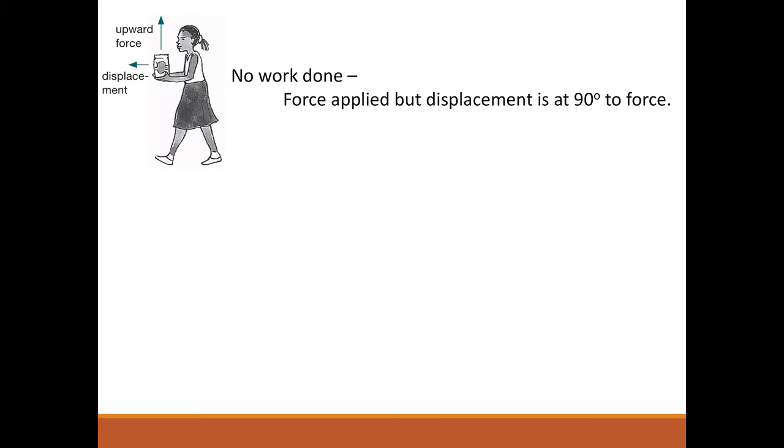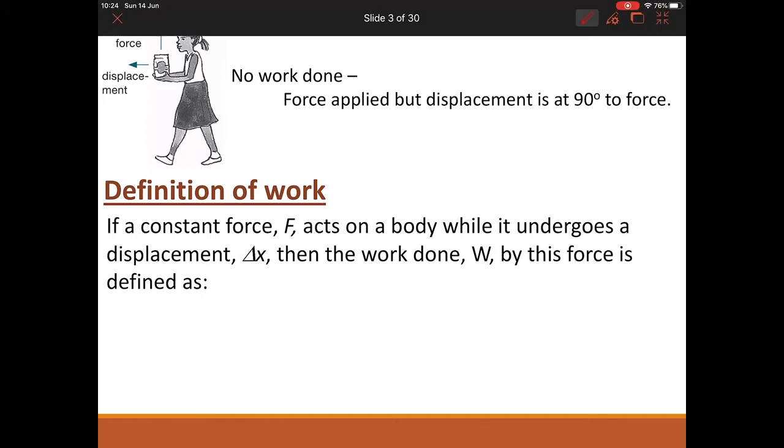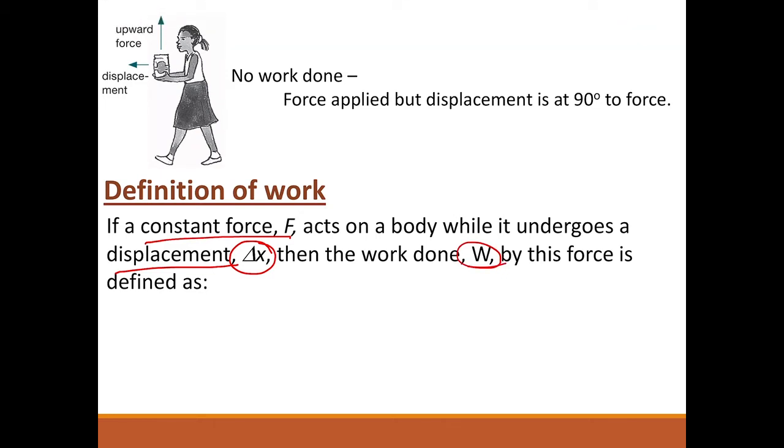Remember, what we said in the first part is that the force and the displacement must be in the same direction. So that gets us to a definition. Now this is starting to get us to the official definition, which says that if a constant force acts on a body and it undergoes a displacement, then the work done by this force can be defined as follows.